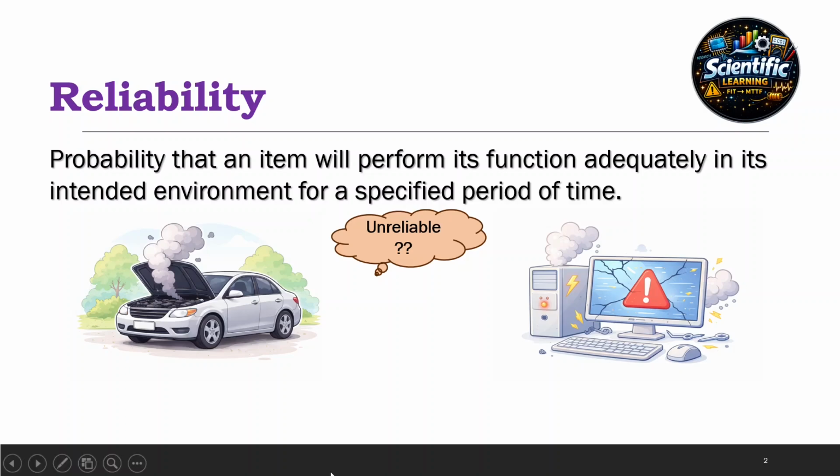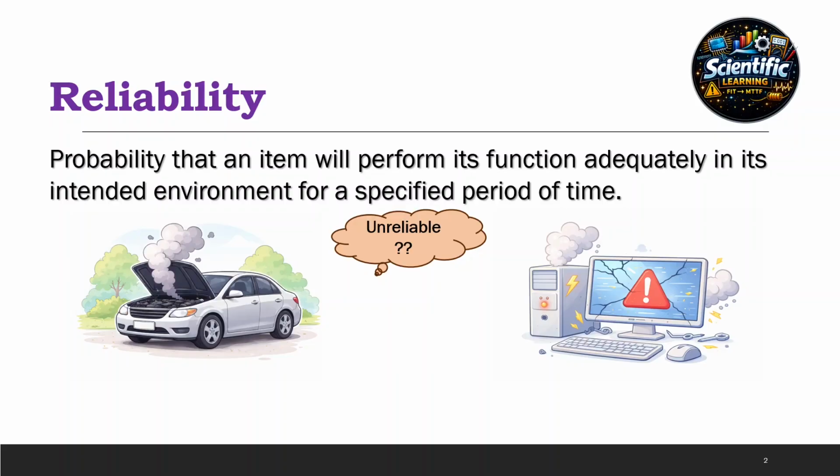I have shown here a car that is broken down and a laptop that is also not working. Does this mean these are unreliable systems? The answer is no, because reliability comes from the world of probabilities. It is not a 1 or 0. A laptop with a reliability of 0.99 can still fail and even fail in a short period of time.